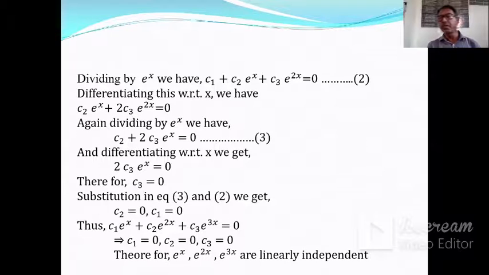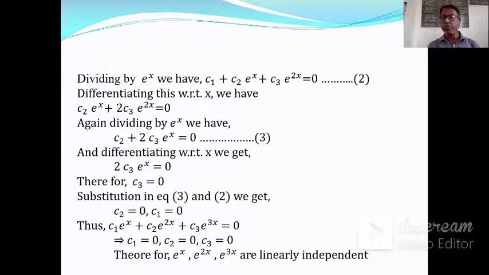In the next topic, in the auxiliary equation, if the roots are real and distinct, say m1, m2, up to mn, all distinct real numbers, then e to the power m1x, e to the power m2x, up to e to the power mnx are linearly independent.